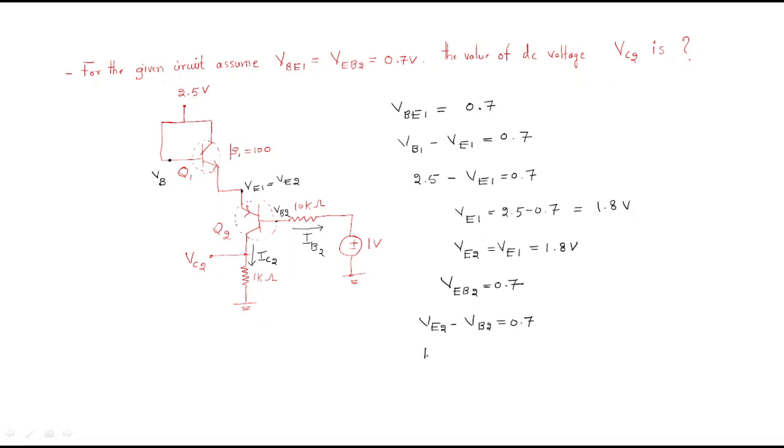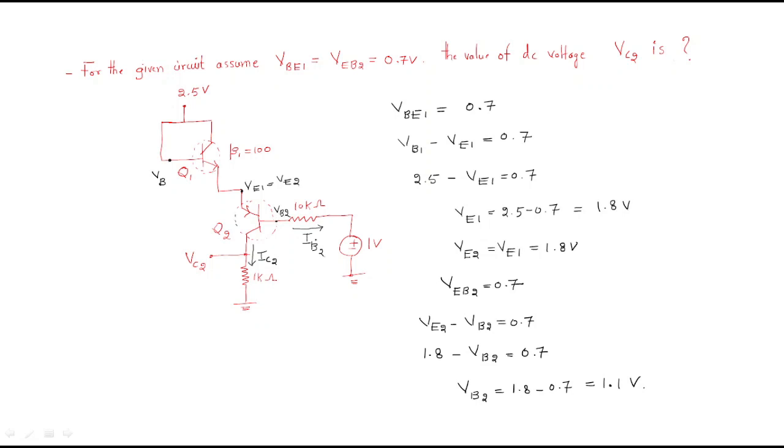You know already VE2 is 1.8 and VB2 we need to find out. From this, VB2 equals 1.8 minus 0.7. The voltage value is 1.1 volts. So we got the VB2.